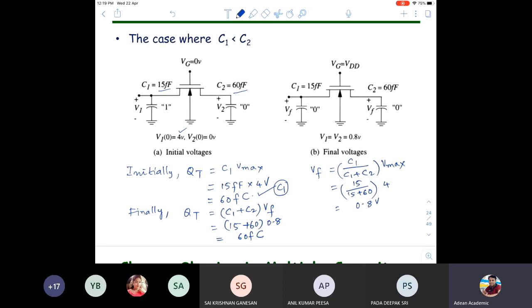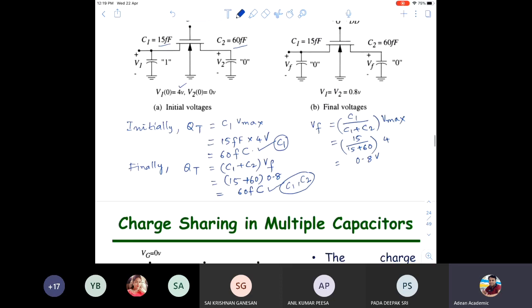After charge sharing, this 60 femtocoulomb is existing in both C1 and C2. Total charge remains the same. That is what happens for C1 less than C2.